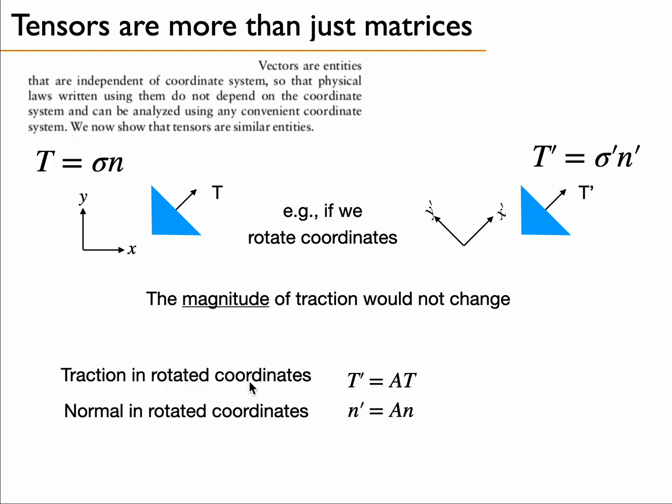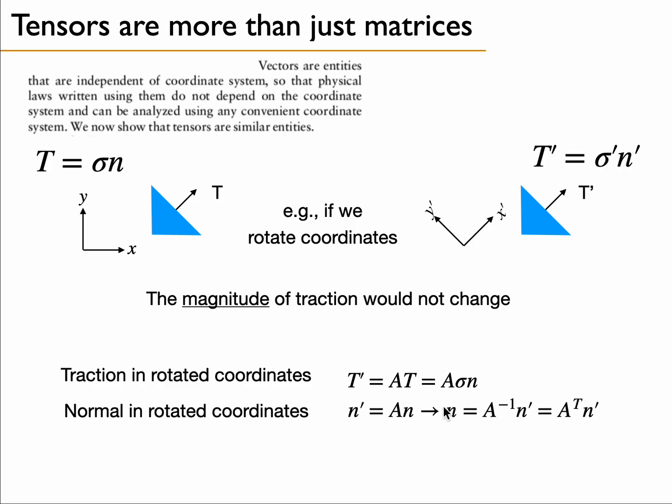So let's express the traction in rotated coordinates. T prime is equal to A times t, and A now will be the transformation matrix to go from this coordinate system to that coordinate system. The normal in the transformed coordinates, n prime, is the rotation matrix times the vector n. Now we further substitute the definition of t, and t is sigma times n.